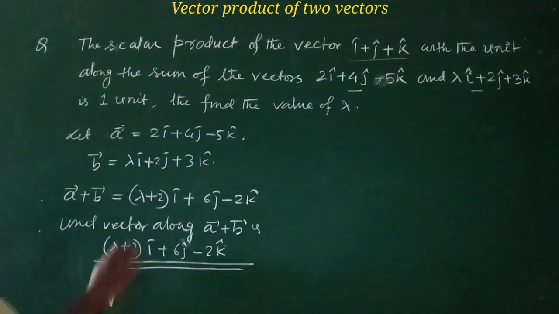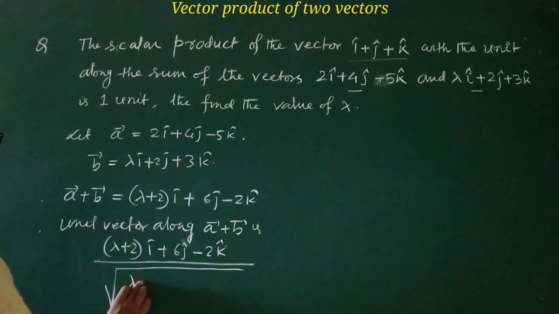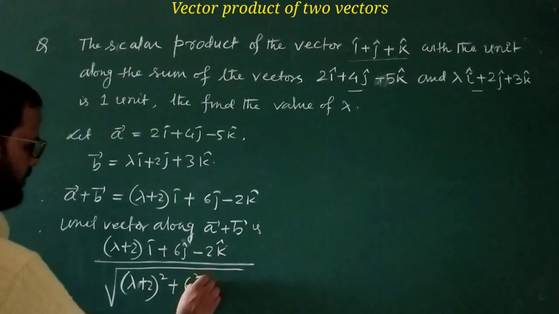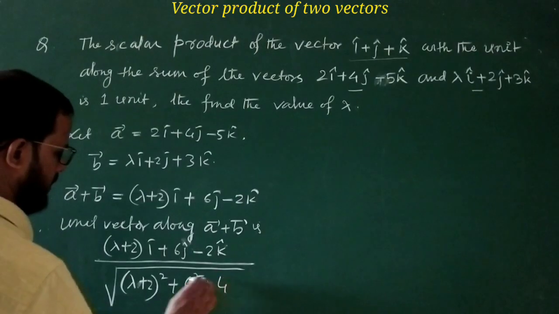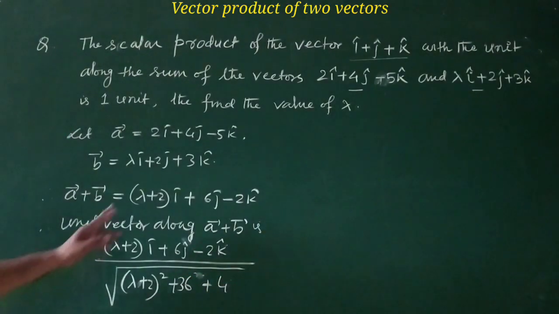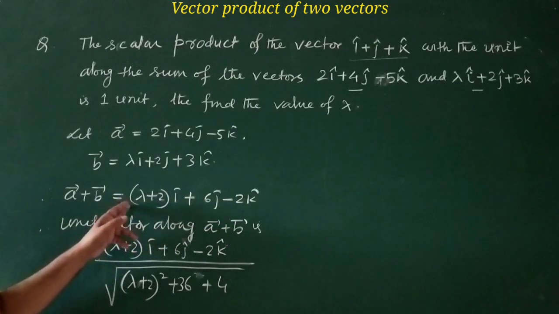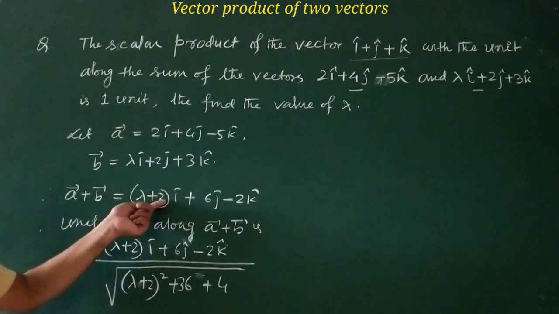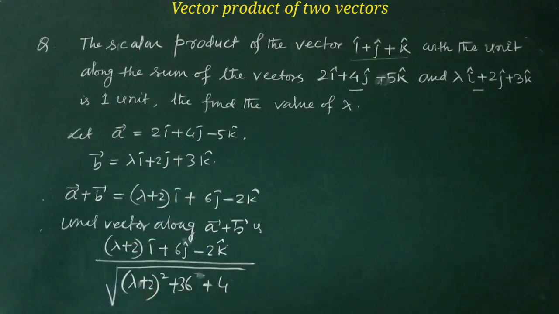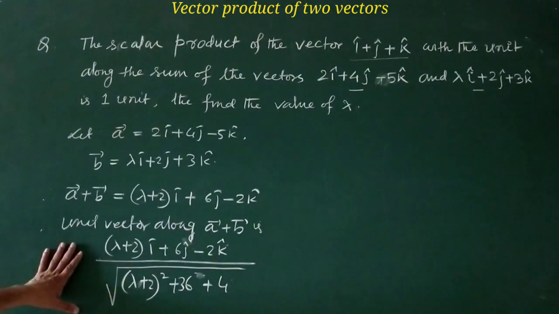Magnitude is what? Square root of lambda plus 2 whole square plus 6 square plus 4. Okay, and you can write 36, plus 4. So what is the magnitude? Square root of what? Component square. This square plus this square plus this square. Okay, you will get this particular unit vector along A vector plus B vector.